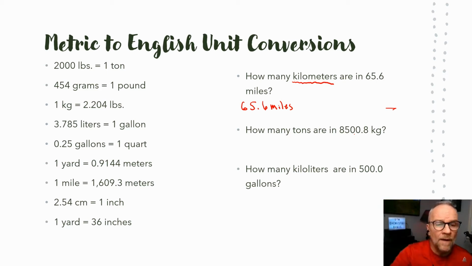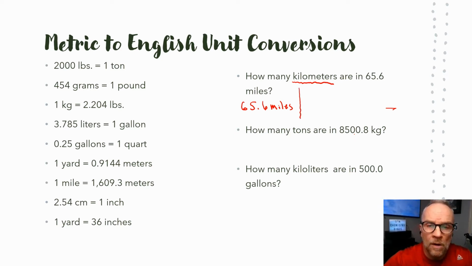So if I look over here in my conversion chart, I'm scanning down and I see miles to meters. You might think that's not going to help us because it's asking for kilometers. But once you get it into a metric unit, you can go from meters to kilometers. So let's do what we can and see if we can get there.